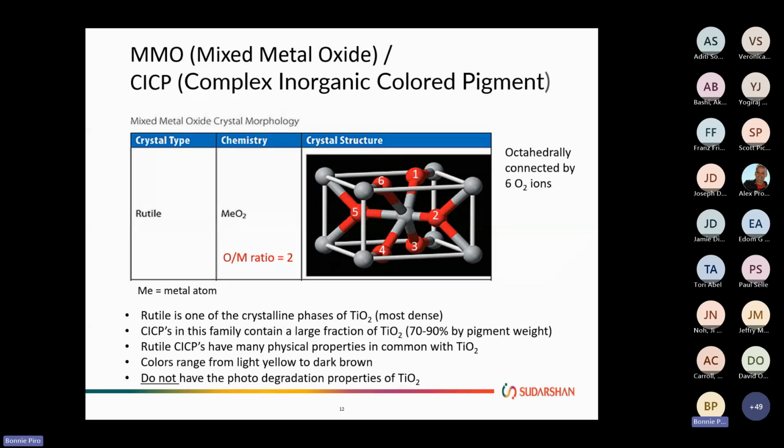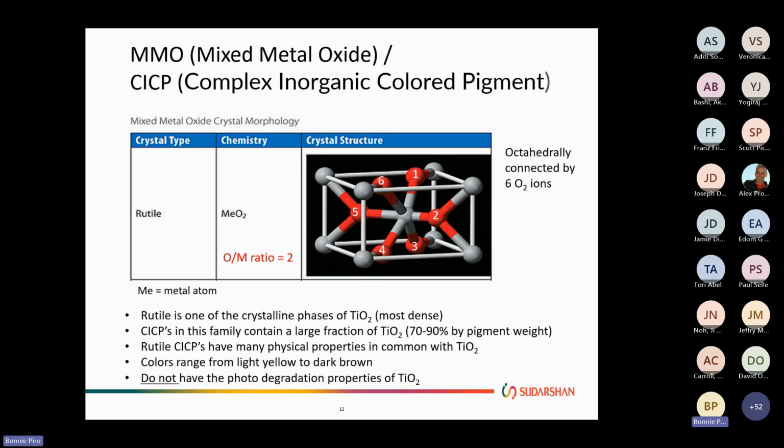So it's very specific in that crystal structure to be able to create those color indexes with this type of ratio. This is the largest family of CICPs, and they contain a large amount of TiO2.